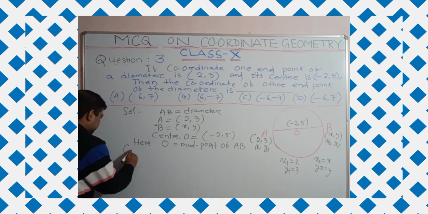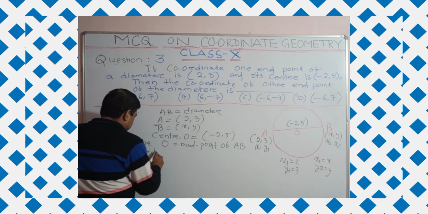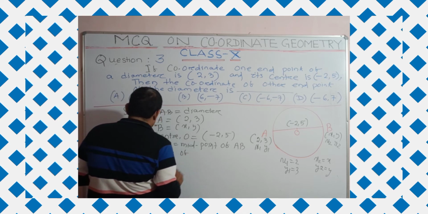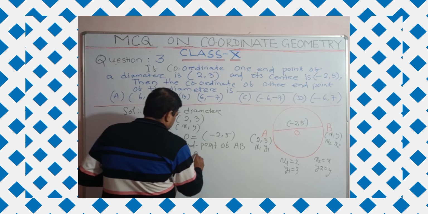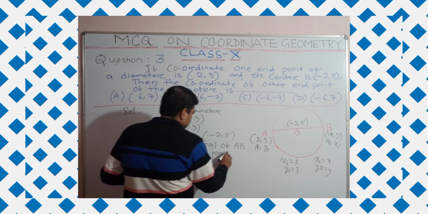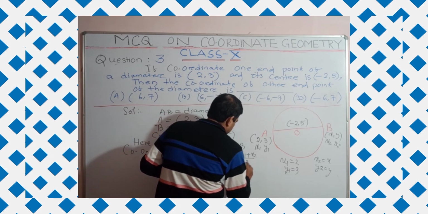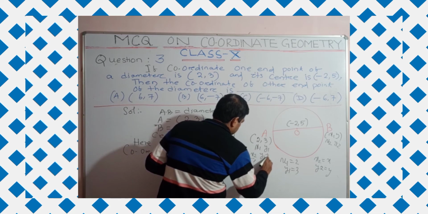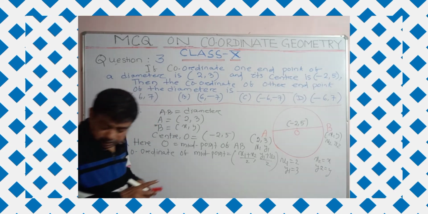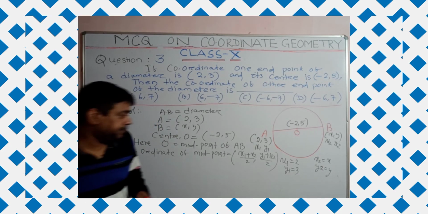The coordinate of the midpoint O is given by the midpoint formula: (x1 plus x2) upon 2 and (y1 plus y2) upon 2.